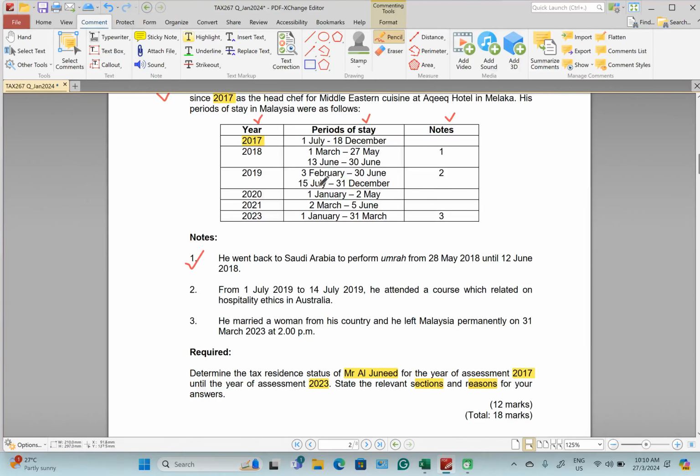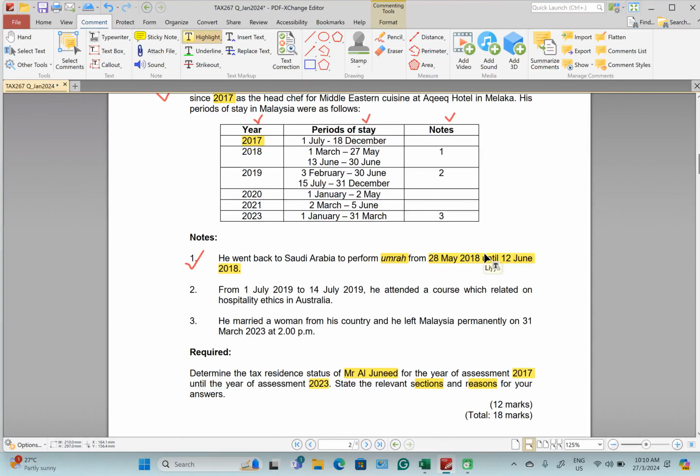Look at information number 1. He went back to Saudi Arabia, his home country, to perform Umrah, from 28 May until 12 June 2018. So for note number 1, he was not in Malaysia from 28 May until 12 June.